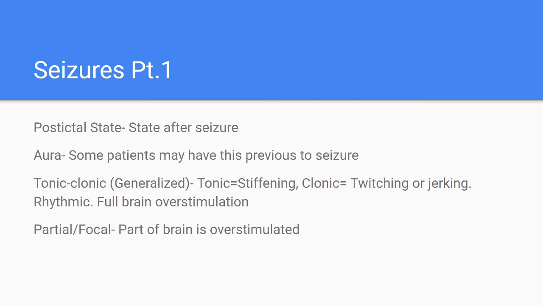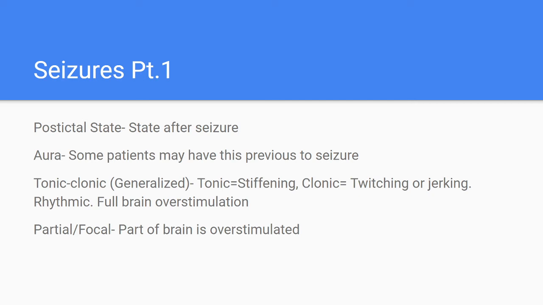So next we're going to go into partial or focal. Partial and focal are categorized into two different types, simple and complex. It is a partial overstimulation of the brain, right? With the simple, what you'll see is more of a numb, weak, dizzy feeling.